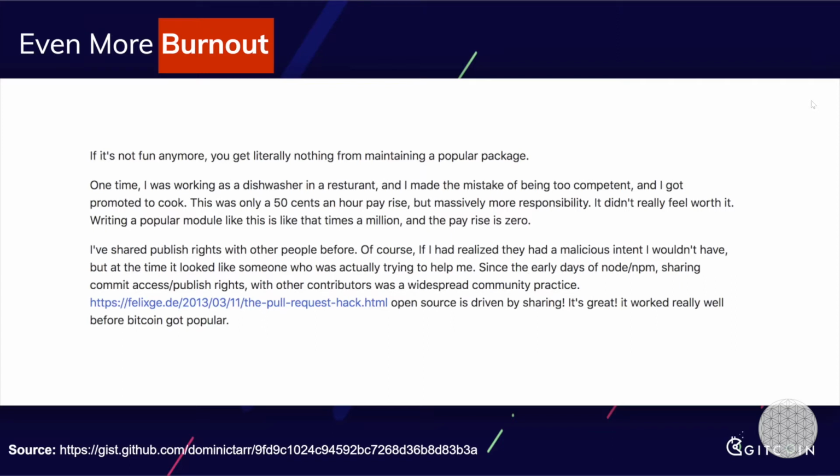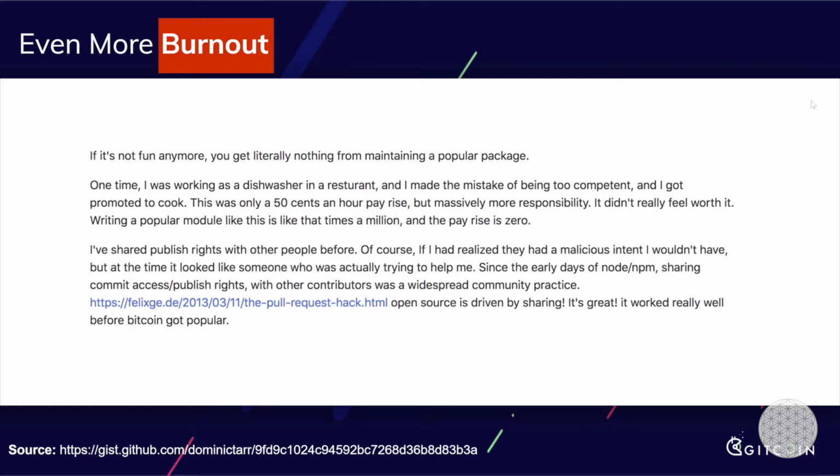And he ended up giving publish commit access to someone who he didn't necessarily know that well, because no one else was really stepping up to do it. And that person ended up inserting malicious code into the software, which then caused a lot of people to lose money, in part because of the way it targeted folks who were trading Bitcoin at the time.